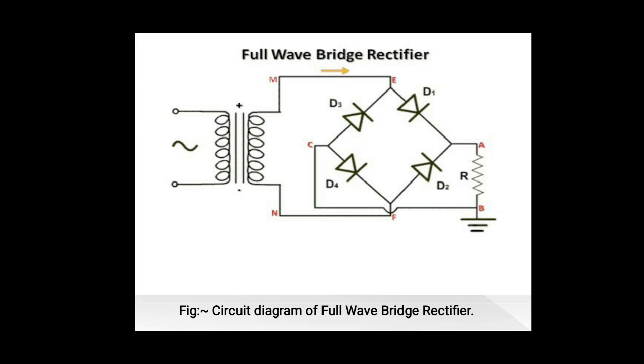During the negative half cycle, diodes D2 and D4 are forward biased and both are on, and diodes D1 and D3 are reverse biased, so D1 and D3 are in the off position. The output appears as it is during the negative half cycle.